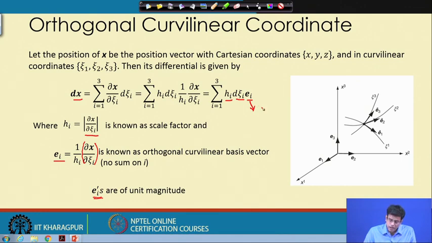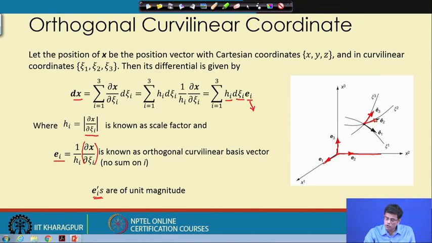Now, you see there is one important thing here. In a Cartesian coordinate system, all coordinate axes are straight lines, right. So the direction of the basis vectors in the Cartesian coordinate system does not change as you move from point to point. But on the contrary, in the curvilinear coordinate system these vectors may change direction.